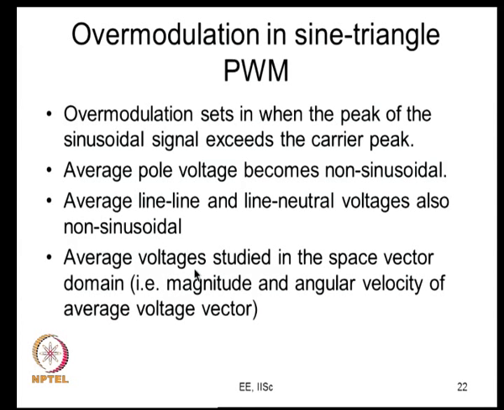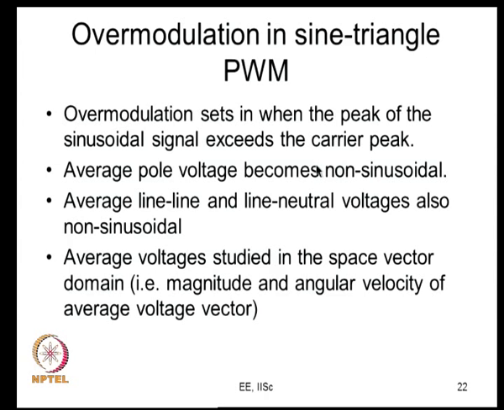Now, when you go into overmodulation in sine-triangle PWM, what do you mean by this? Let us put our basic understanding in. Overmodulation sets in when the peak of the sinusoidal signal exceeds the carrier peak, which is obvious, which is the starting point. So, what would we expect? We would expect the average pole voltage to become non-sinusoidal. Why? Because the modulating signal goes above V peak.